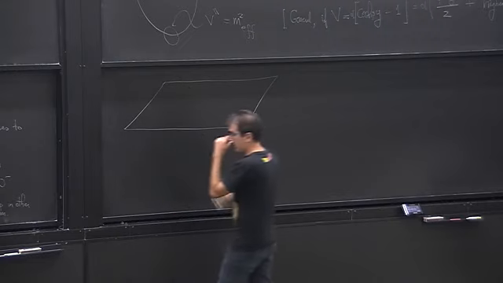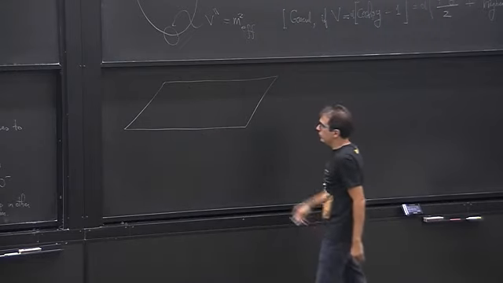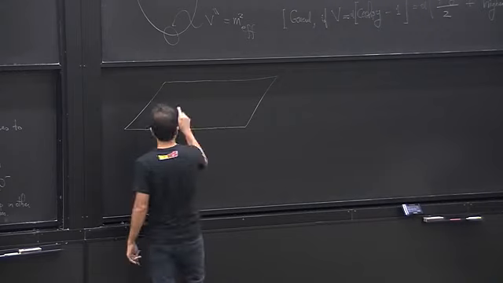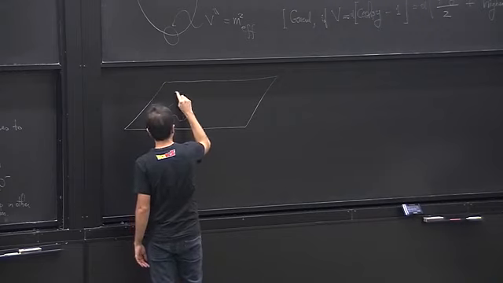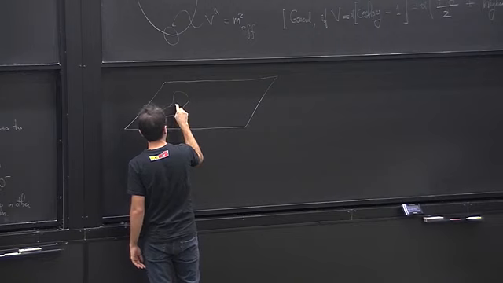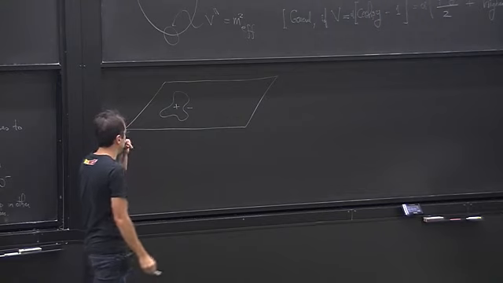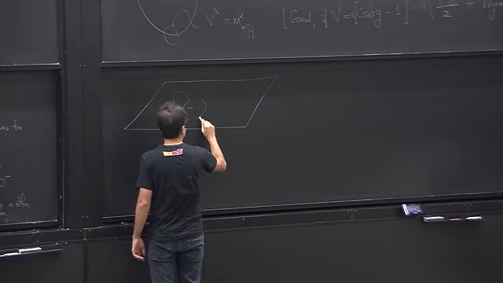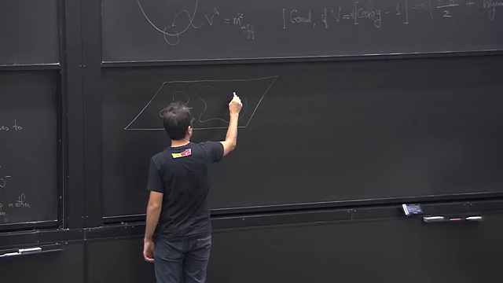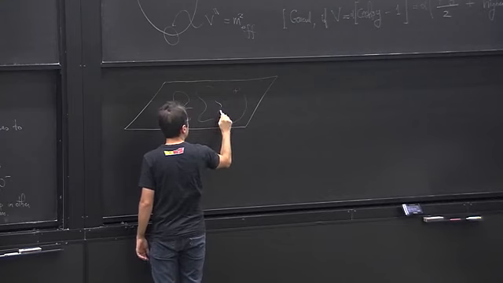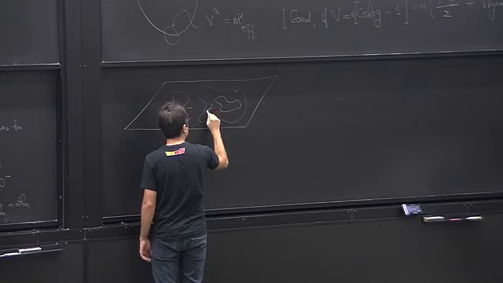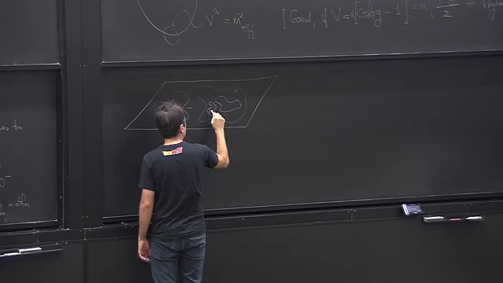Let's imagine that we have here a region where we are in the plus vacuum, and then a region where we are in the minus vacuum. And we could have here some bigger region where we are in the plus vacuum, and inside there could be two regions, say, where we are in the minus vacuum.